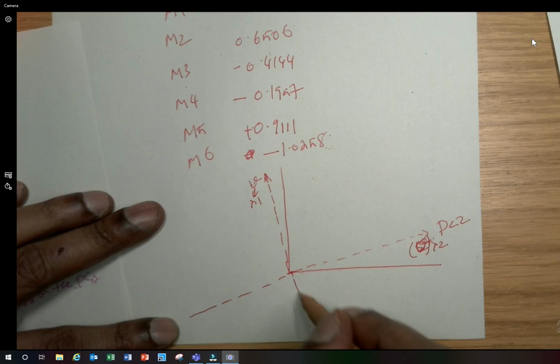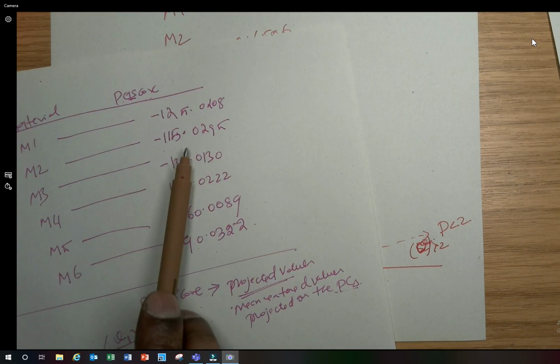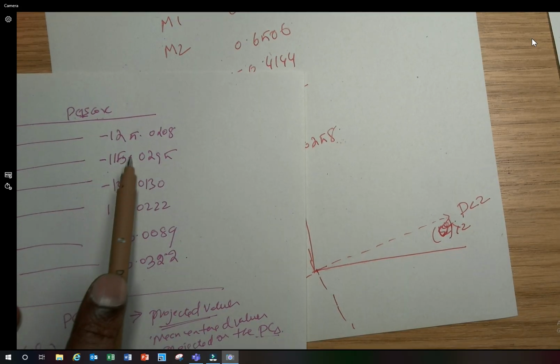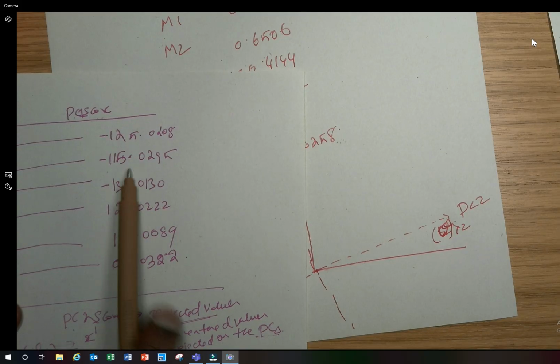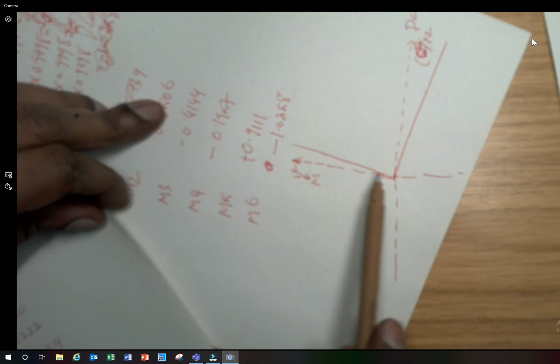So projected value, what do I mean by that? The values are minus 125, 115, minus 130, 120, all these values, isn't it? If you want to project these values on eigenvector 1, then you have to rotate this axis.